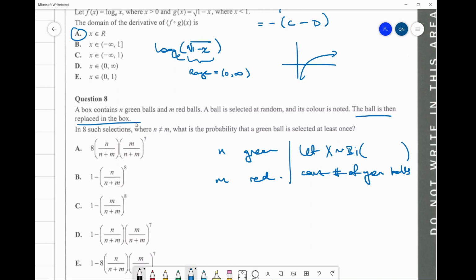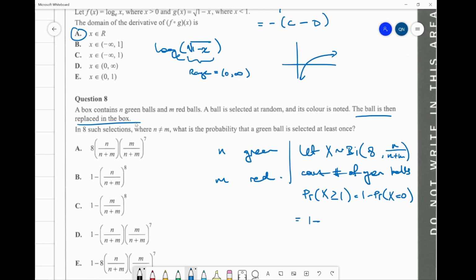What's the probability we get a green ball? It's n divided by n plus m. How many selections are we doing? The trials are just 8. We want the probability that a green ball is selected at least once, so x greater than or equal to 1, which is 1 minus the probability that x is equal to 0. Okay, but we can calculate that.